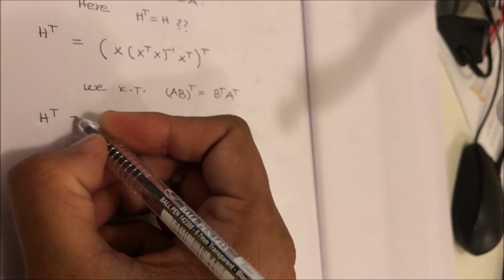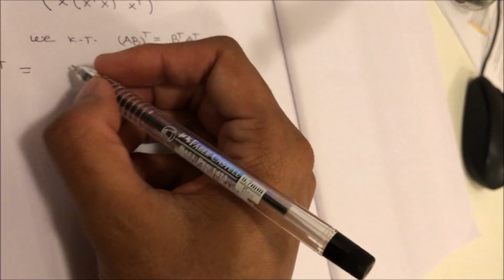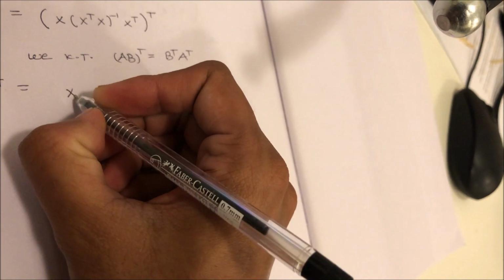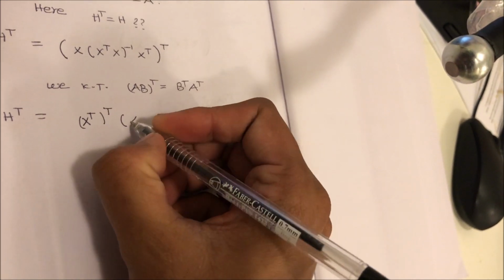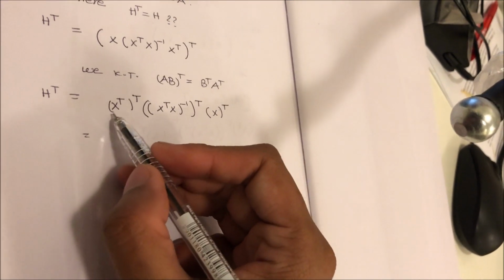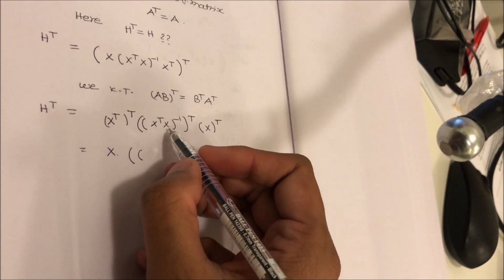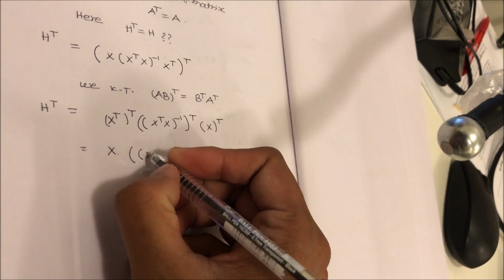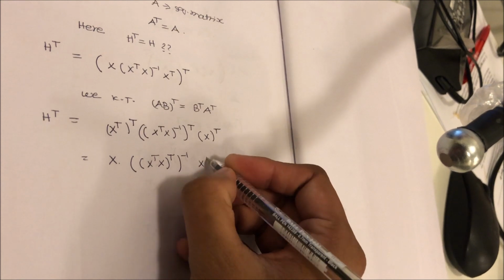So here the H transpose will become X transpose X whole inverse, of transpose, and then this is X transpose. Now we know that X transpose of transpose is equal to X, and (X transpose X) whole inverse of transpose can be changed to X transpose X whole inverse. Now this is X transpose.